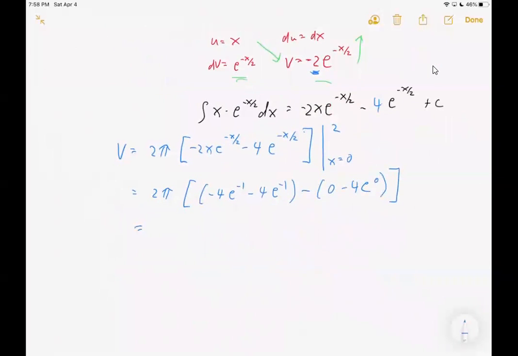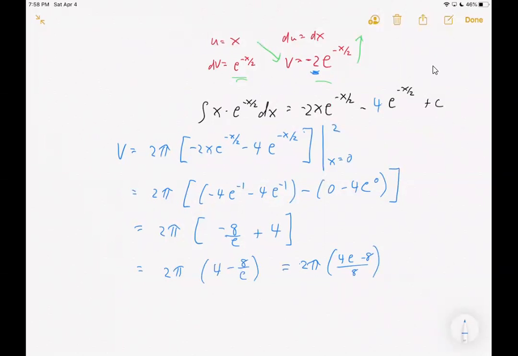So this ends up giving me a volume of 2 pi times the first term, negative 8 divided by e. Negative 8 times e to the negative 1 is the same as dividing by e. And the second term becomes plus 4 times 1. So if you look at that, it's 2 pi times the quantity 4 minus 8 over e. That's likely to be written as 2 pi times 4e minus 8 all over e.